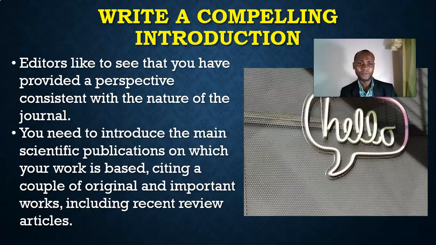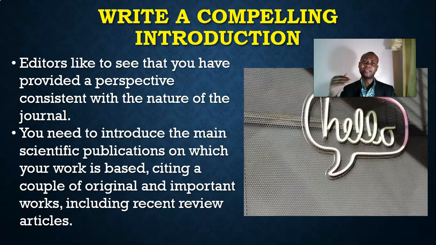You need to introduce the main scientific publications on which your work is based. There are some journals that will ask you to add the theoretical framework after your objectives.